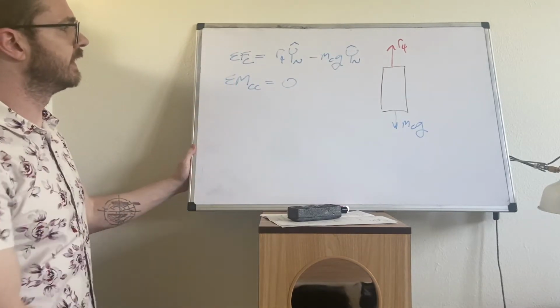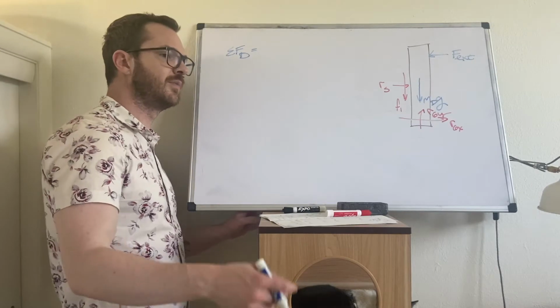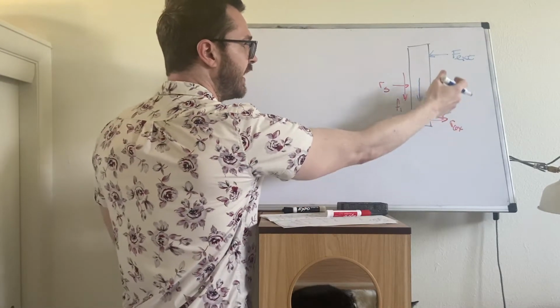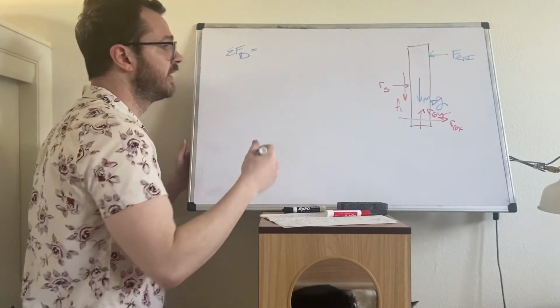Okay, let's do body D. Sum of forces on D. From the diagram, 1, 2, 3, 4, 5, 6 forces.